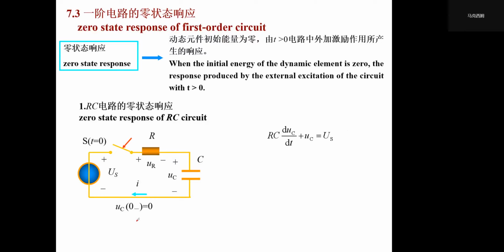We are very familiar with this first order differential equation, which is still a time invariant coefficient linear differential equation. That name is so long. We can derive the result into two parts: the general solution and the special solution.